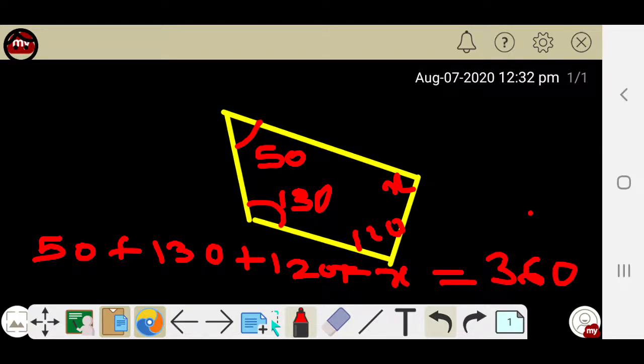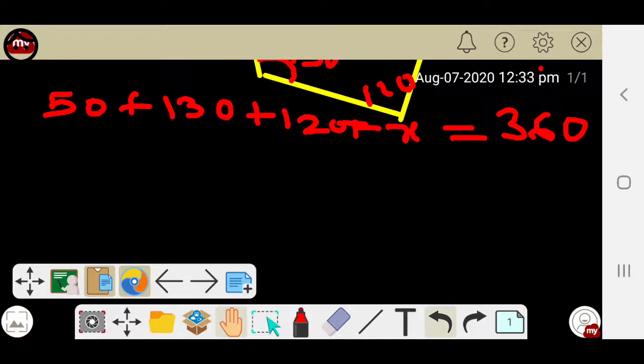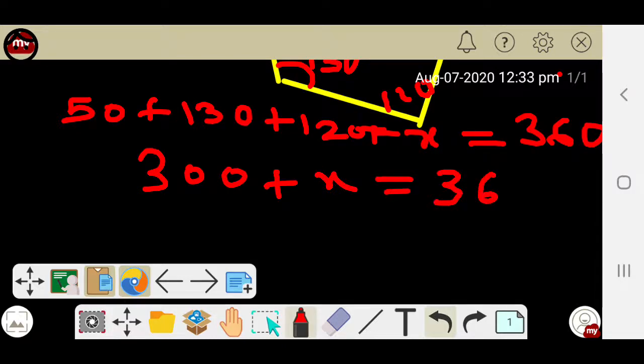Now we can easily find the value of x. Adding all the 4 angles, you will get a total of 360. So 300 plus x equals 360.